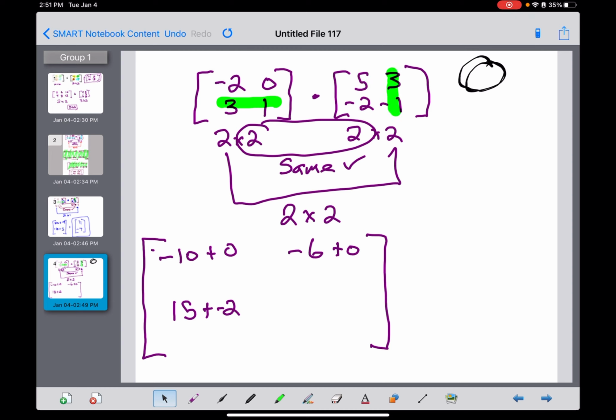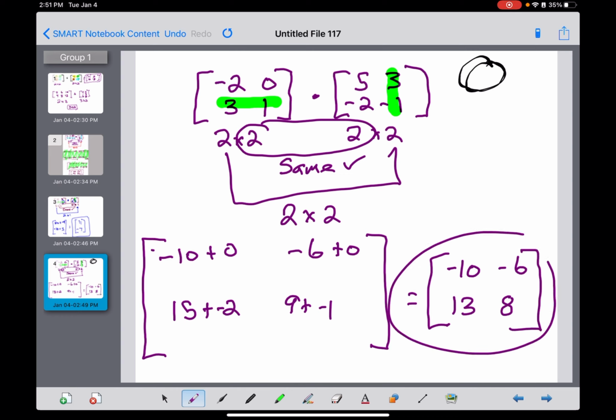And then 9 plus -1 equals -10 plus 0, -10. -6 plus 0, -6. 13 and 8. That's our resulting matrix. You get that pattern kind of locked in your head. You always know where the next one has to go because you just check which row and column it is. That's where it's going to go when you do these.